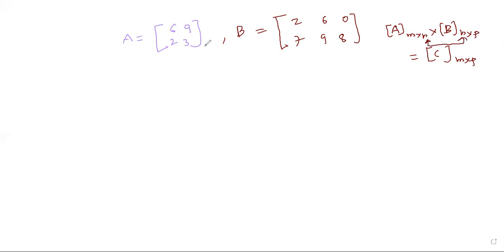So similarly, first check: A has 2 rows and 2 columns, and B has 2 rows and 3 columns. So our resultant matrix will have 2 rows and 3 columns.